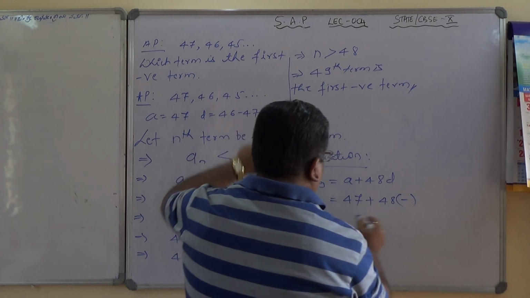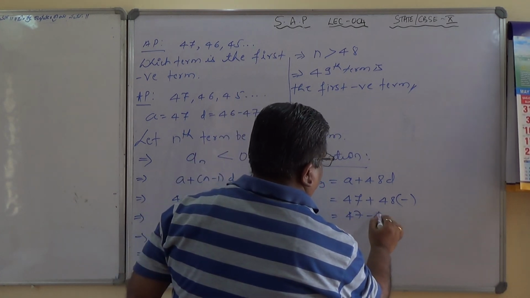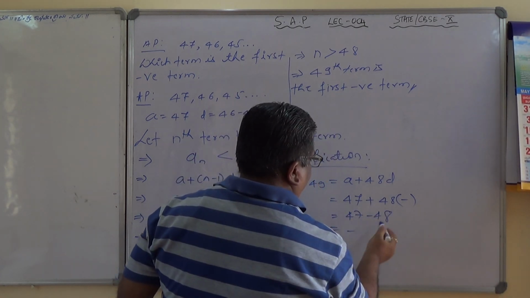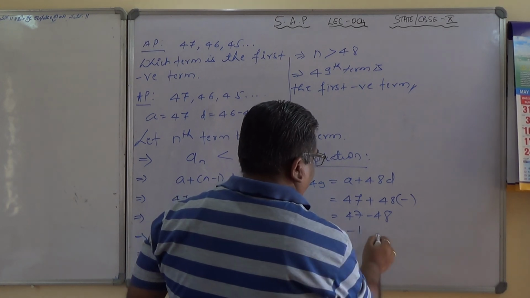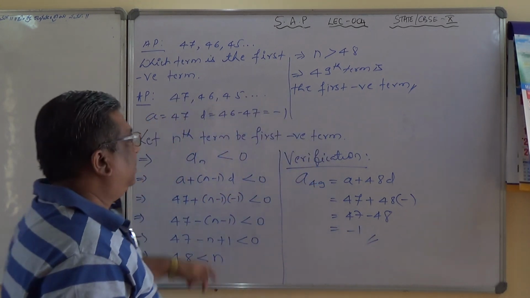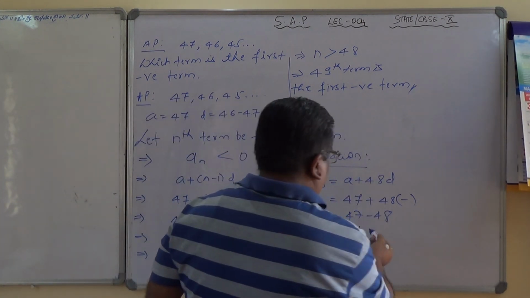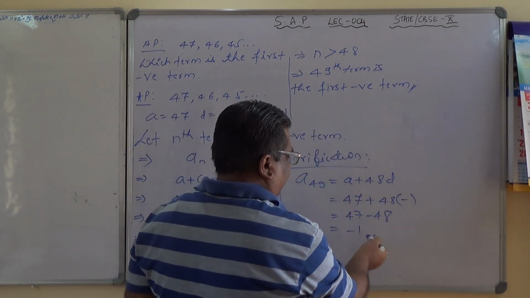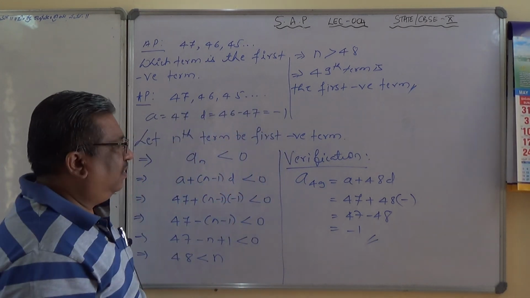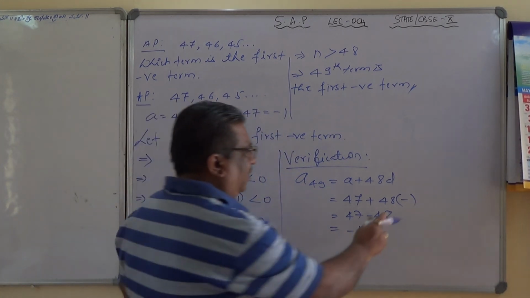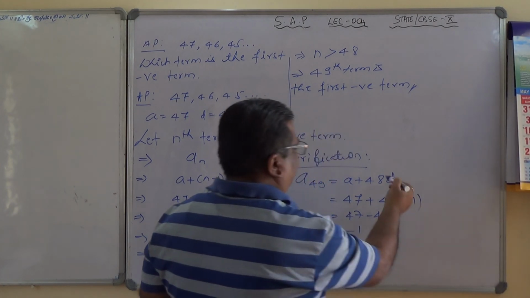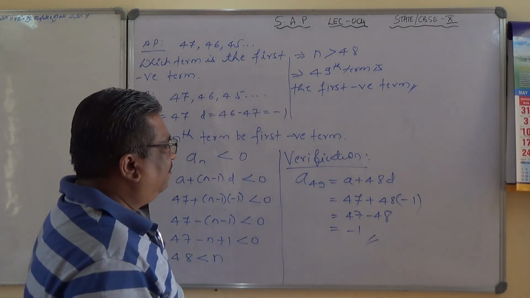Minus 1, which is 47 minus 48, which is minus 1. See here, 47, 46, 45. Finally, 47 minus 48. 47 minus 48 is minus 1 only. D is minus 1. So 47 minus 48 minus 1.